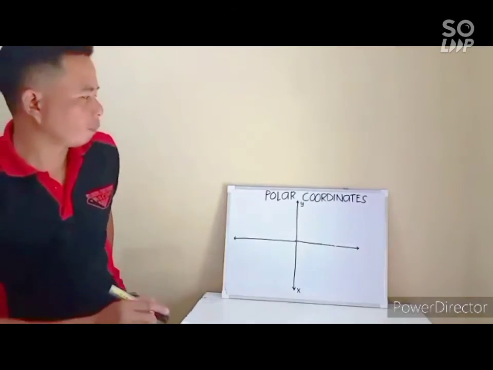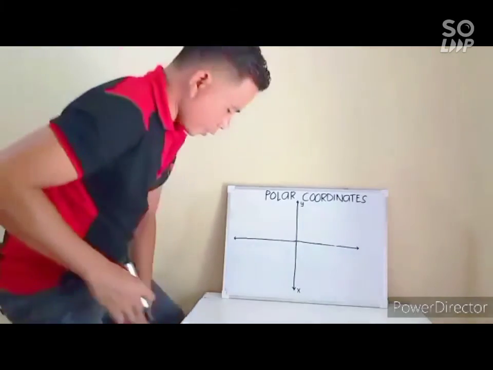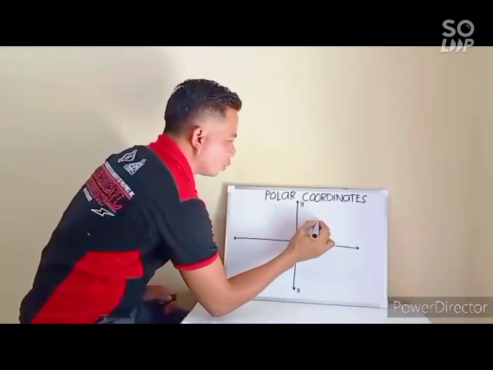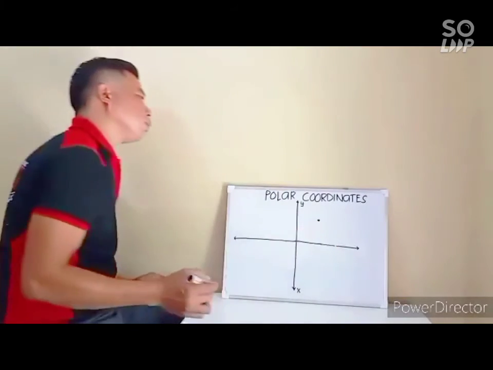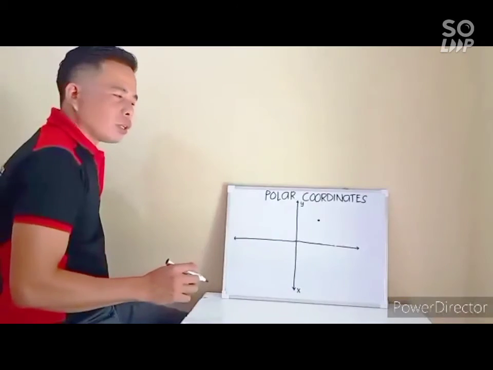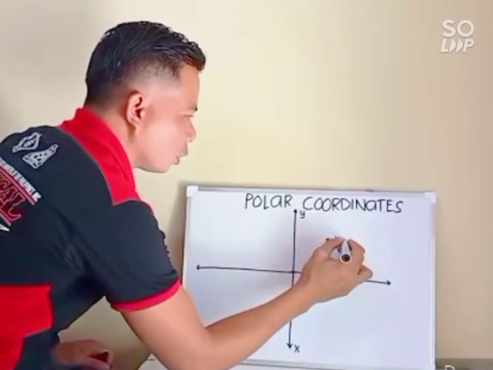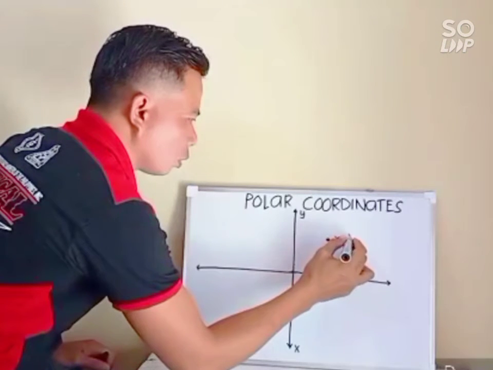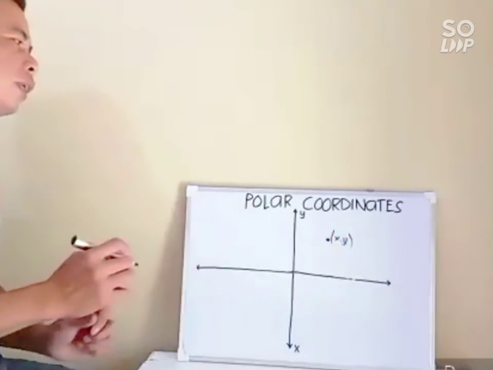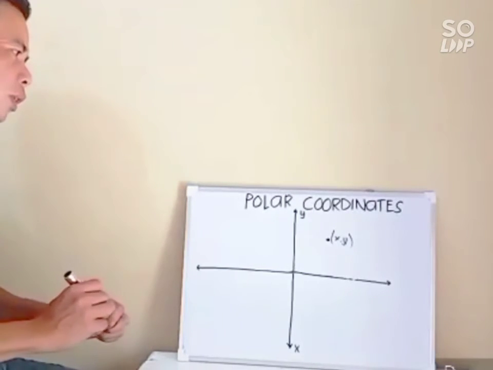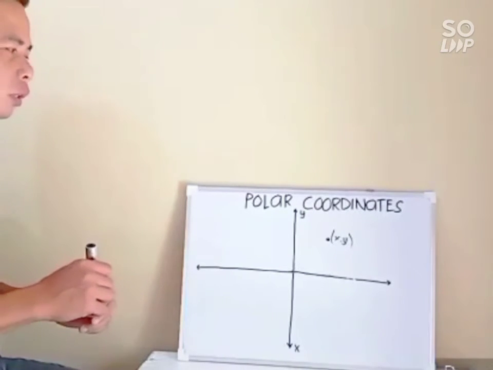Supposedly we had a Cartesian plane here, and supposedly we had a point here. We could see that this point has x and y coordinates. But in the polar coordinate system, we are not going to use the x and y variables.